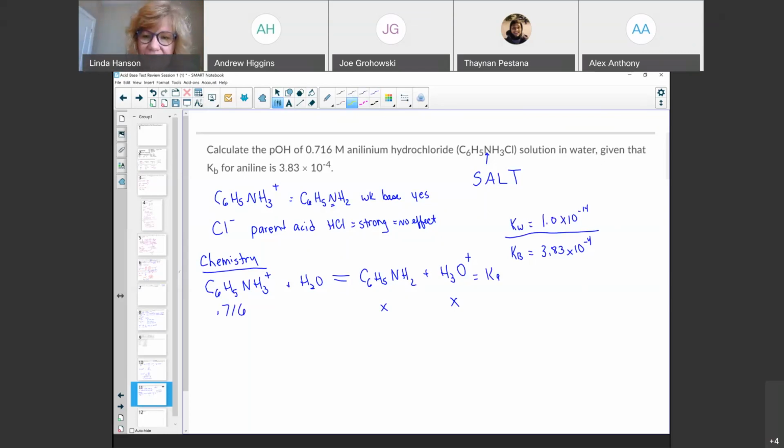I know that because this is an acid. Therefore, that's acid chemistry, and therefore I know I must have a Ka value. Ion product constant for water, 1 times 10 to the negative 14th. I'll divide by 3.83 times 10 to the negative 4. Here I'm looking at the Ka is 2.61 times 10 to the negative 11th.